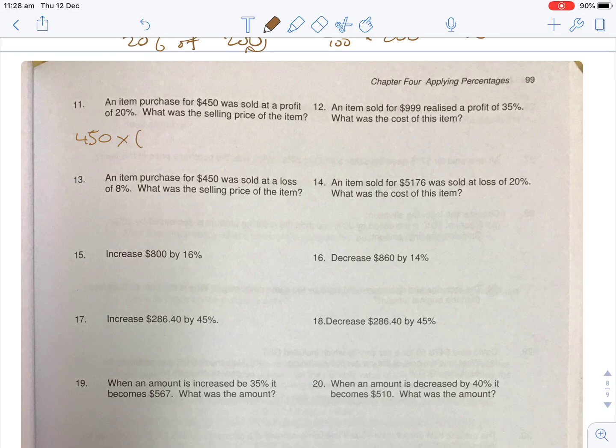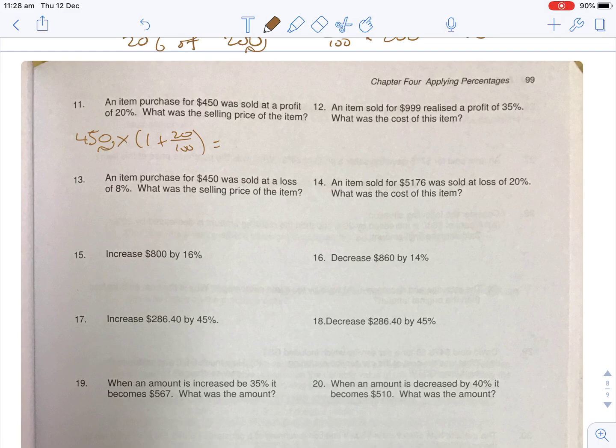I'm going up by 20%, so 1 plus my 20 on 100, and away I'd go and I'd get my answer. I won't bother putting these through my calculator because you can operate a calculator. I'm just going to set these questions up so that you get the gist of how to do them. Again, if I had to do it mentally, 10% would be 45, 20% is therefore going to be 90, so I'm going to add $90 to that.